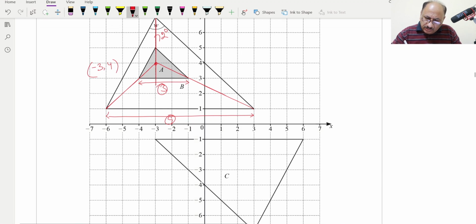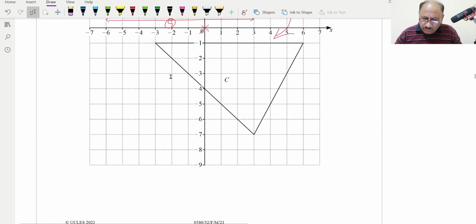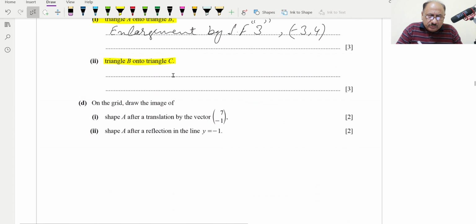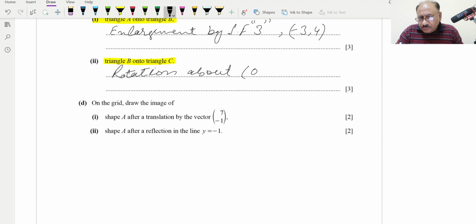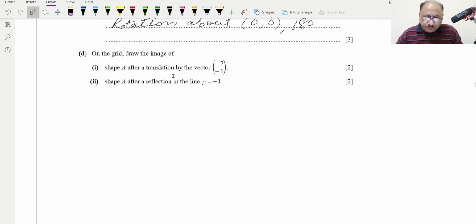If we rotate about this point, this triangle will be rotating to this one. So we can write: a rotation about the origin, which is (0, 0), with a 180 degree angle of rotation.